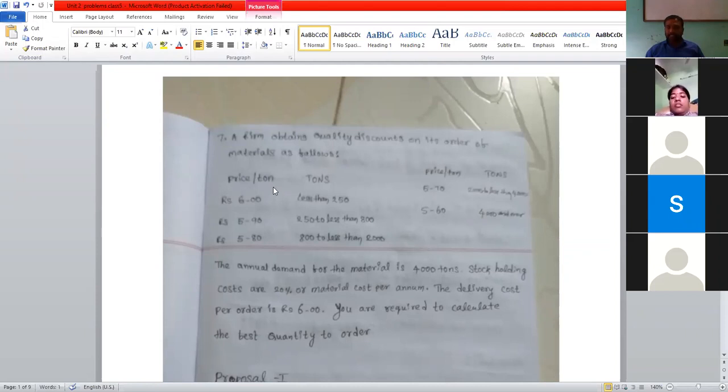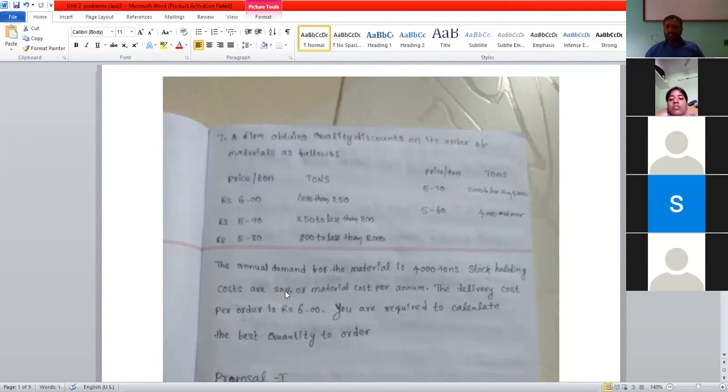The price per ton: 6 rupees for less than 250 tons, 5 rupees 90 paise for 250 to less than 800, 5 rupees 80 paise for 800 to less than 2000 tons, 5 rupees 70 paise for 2000 to 4000 tons, and 5 rupees 60 paise for 4000 and over.